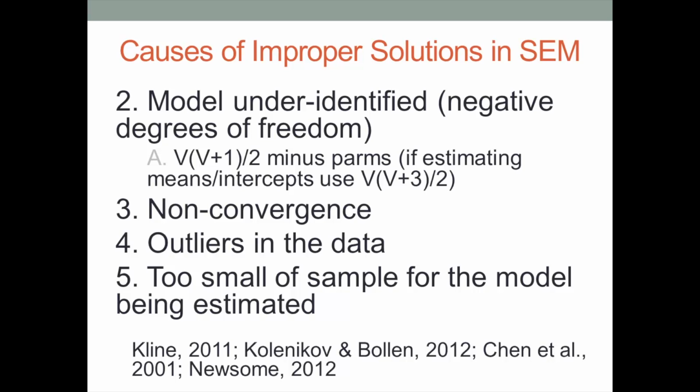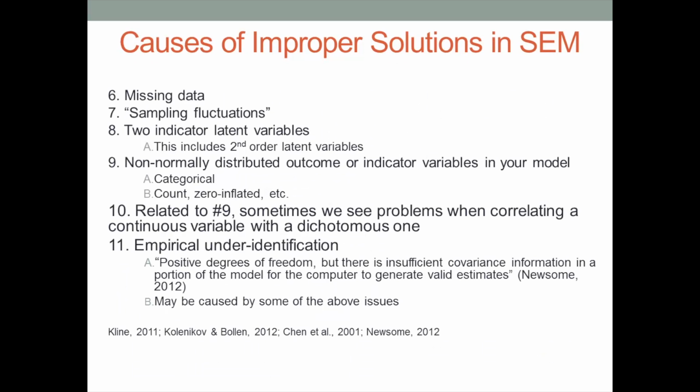You may have outliers in your data, and your sample size may be too small for the model you're trying to estimate. You may have problems with missing data patterns, with too much missing, or the patterns of the missing data may be causing problems with the model being estimated.